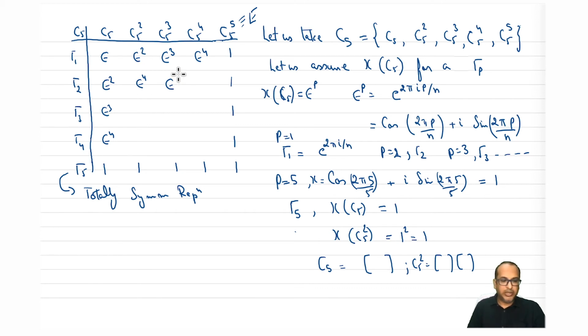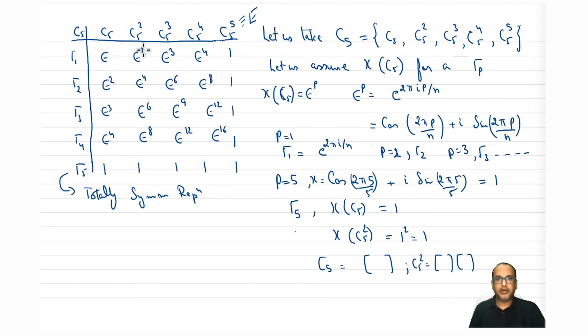So this will be 6, 8. Here we can write it as epsilon 6, epsilon 9, epsilon 12, and this will be written as 8, epsilon 12, epsilon 16.